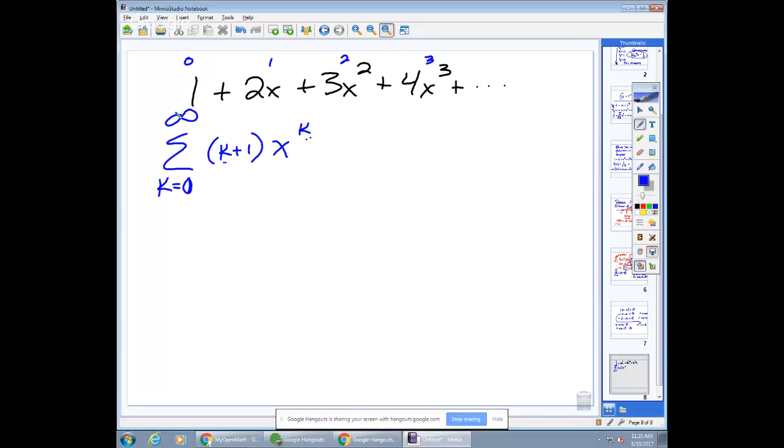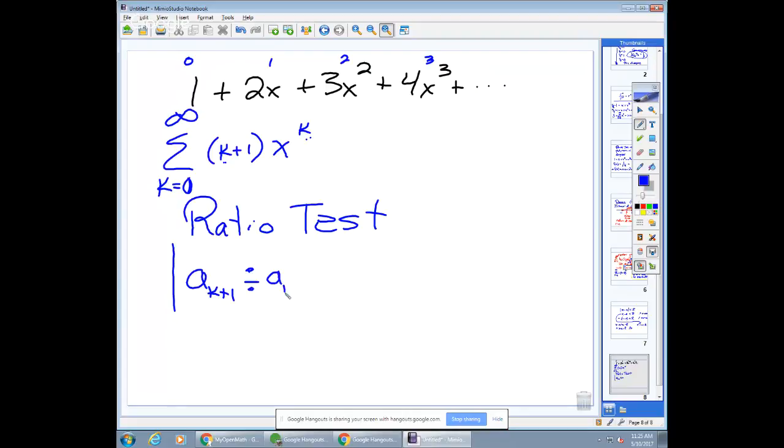So my favorite tool for determining if something converges or diverges, anybody remember? The ratio test. Yeah, so I'm going to apply the ratio test here. Ratio test says what you want to do is look at the absolute value of a sub k plus 1 divided by a sub k.